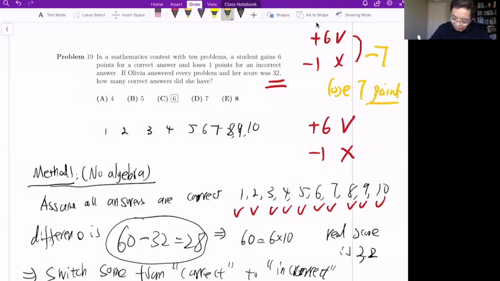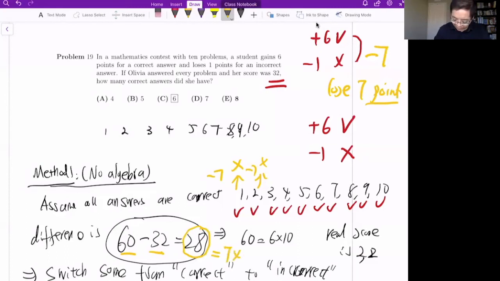So with one switch, I lose 7 points. Now from 60 to 32 is a difference of 28. How many 7 points do you lose? 4.